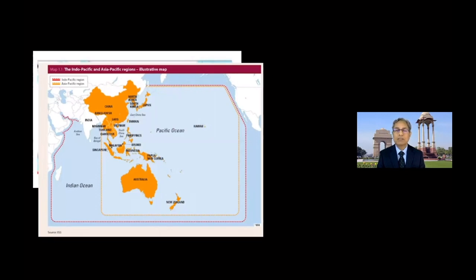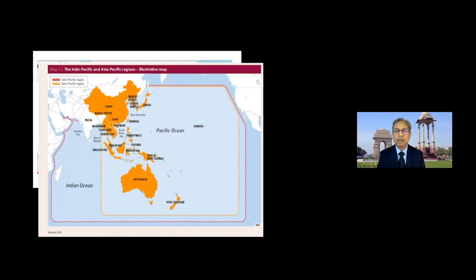Asia Pacific was largely Pacific Asia. That means Asia that was facing the Pacific Ocean. So if you see the light yellow dotted line on your screen and the same saffron color given to certain countries, these countries were part of Asia Pacific.